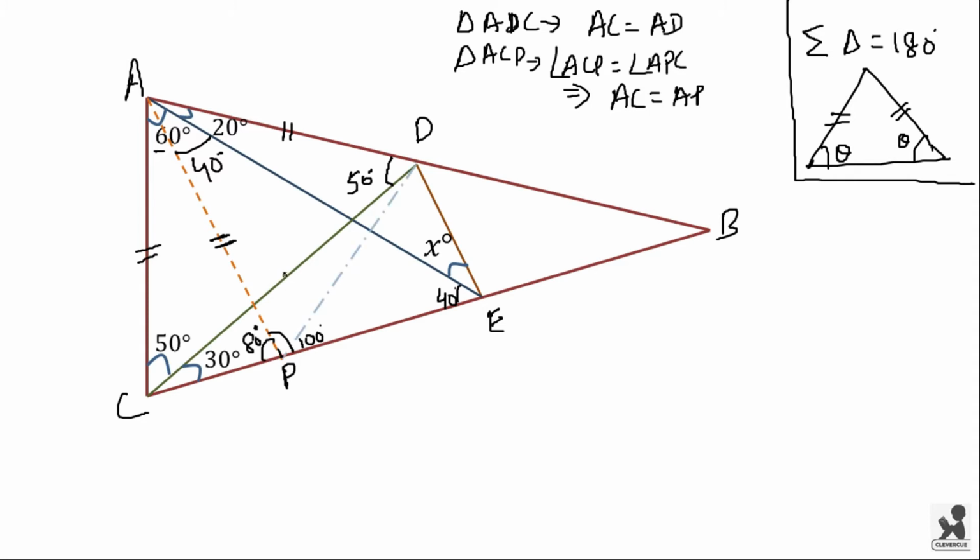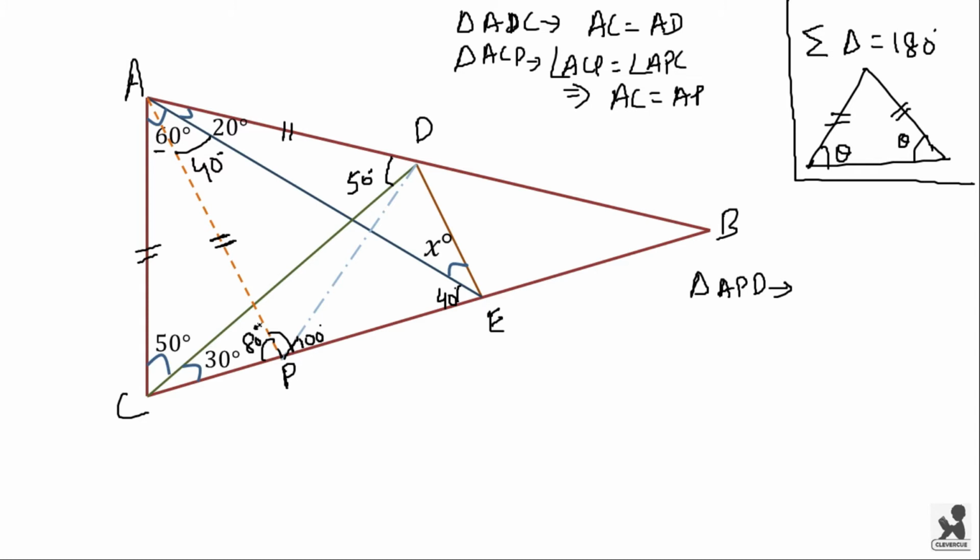Now let us draw a line PD connecting the points P and D. Consider triangle APD. Now we can find the values of angle APD and angle ADP.